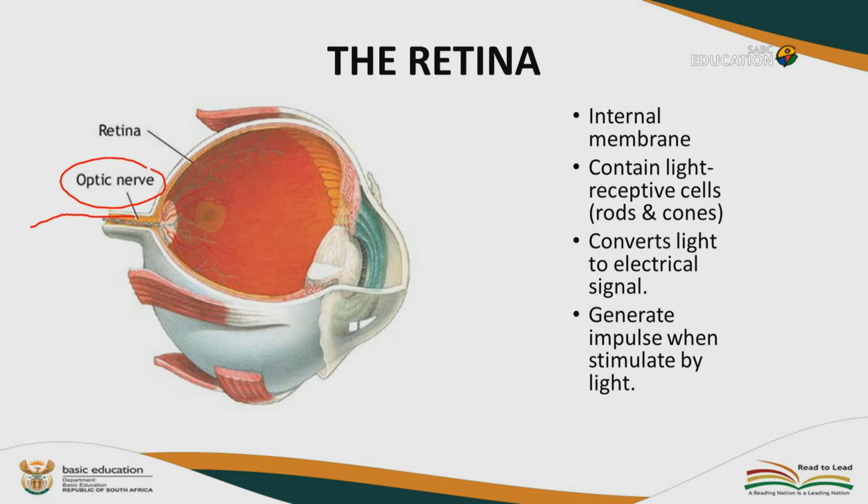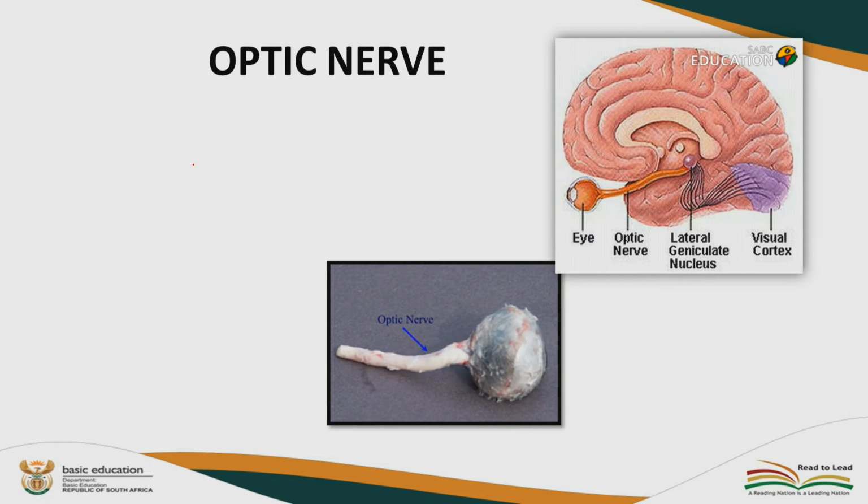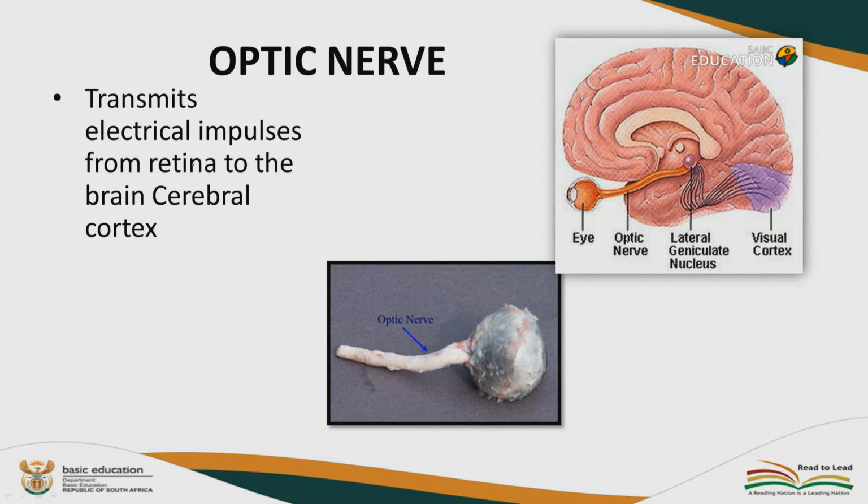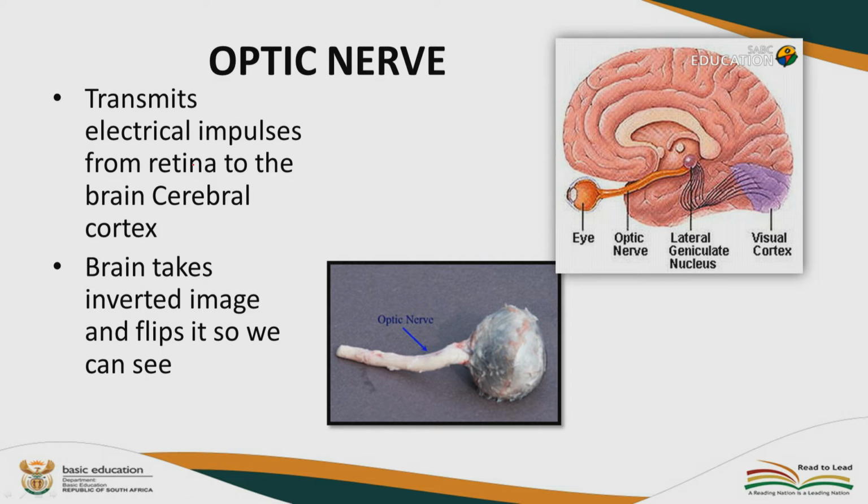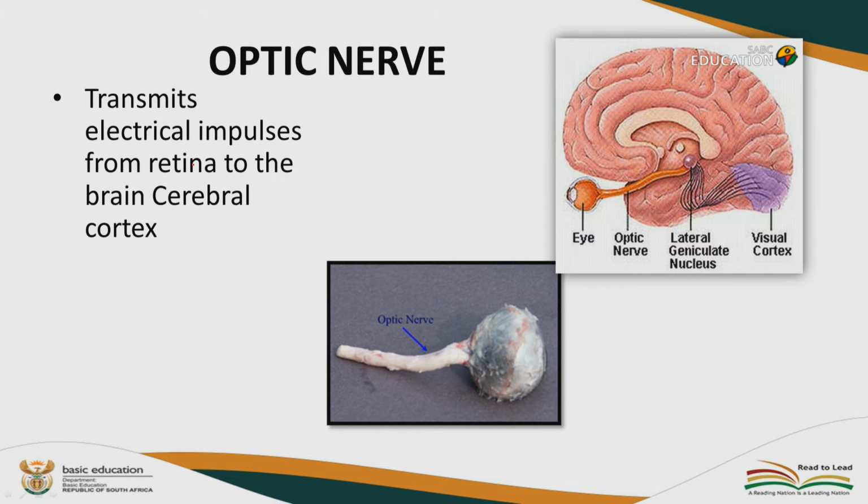And the cones, the photoreceptors, converted that into electrical impulses, and the nerves will take it out of the eye to the brain. And there we'll be talking about refraction because now, as it comes, the brain takes the inverted image and flips it over.